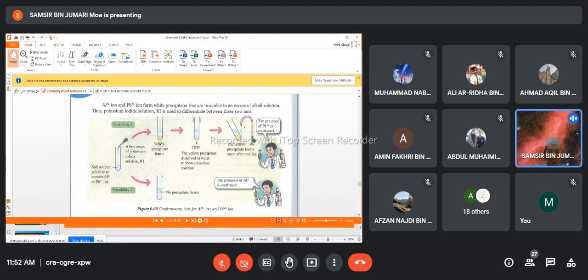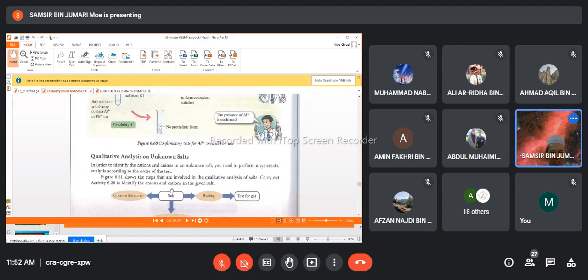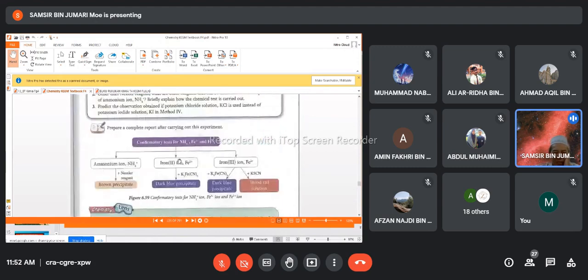Tapi ni biasalah ujian yang sangat common, confirmatory test used to distinguish the aluminium ion and lead(II) ion. Kalau buat ujian pengesahan, buat macam ni lah. Yang kat sini sampai yellow precipitate, dia dah cukup. Yang lain ini jenis karakter saja. Okay, itu best.